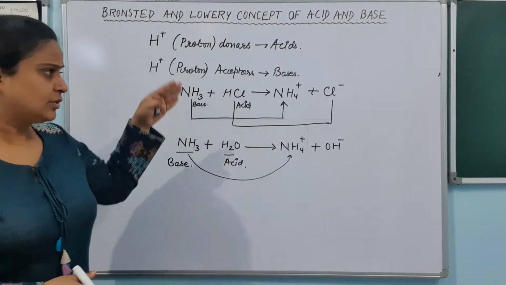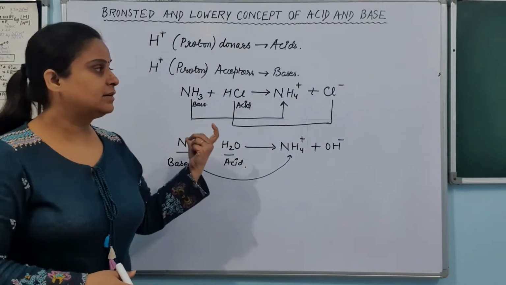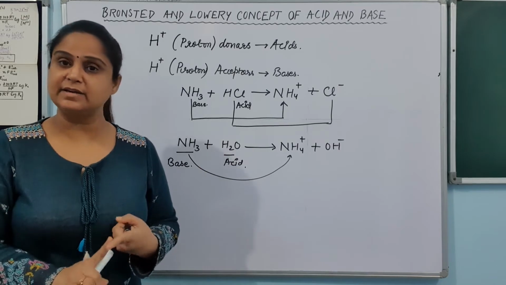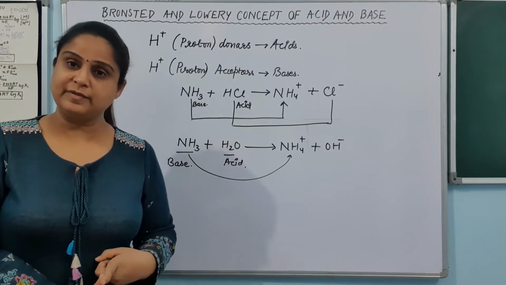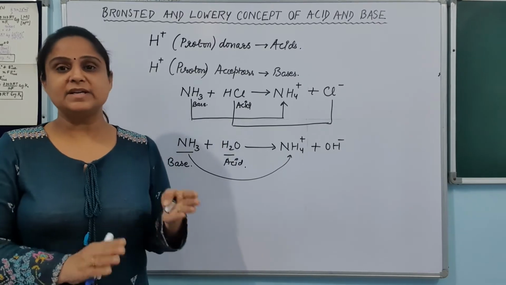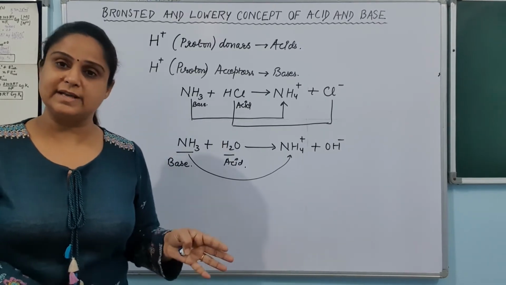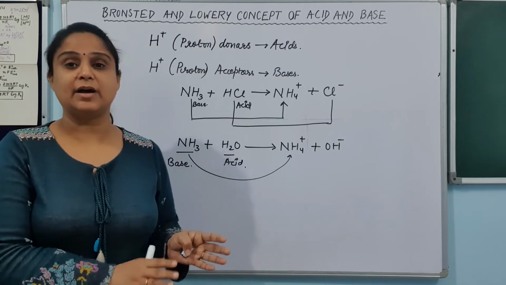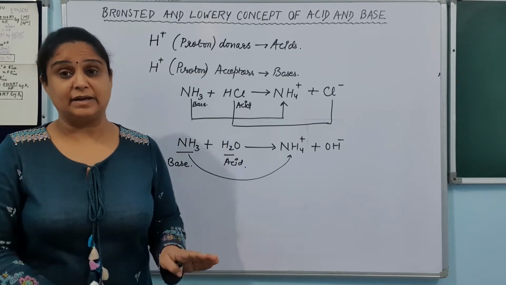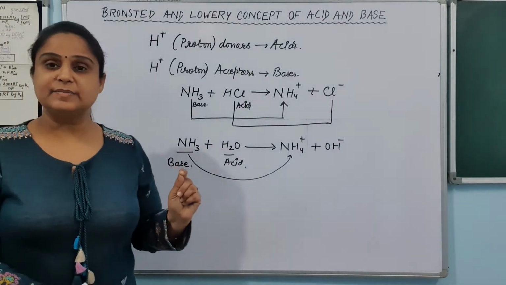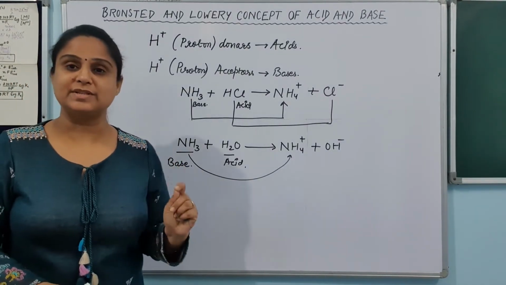So you can see clearly that according to Bronsted also, releasing H+ ion is the property of an acid substance. In the same way, according to Arrhenius, release of H+ ion is the property of an acid. So we can say that all Arrhenius acids are Bronsted acids. But if we talk about bases, all Arrhenius bases are not Bronsted bases.